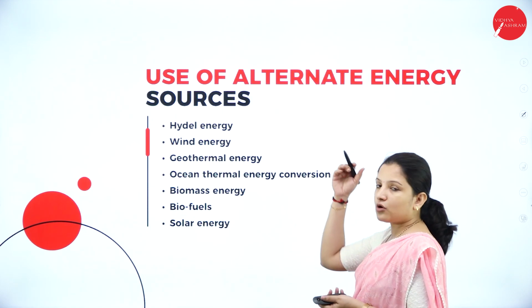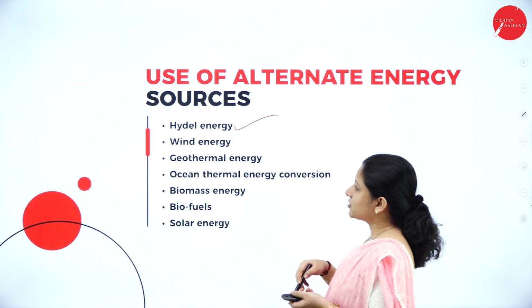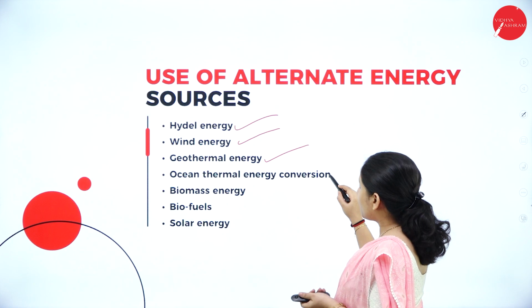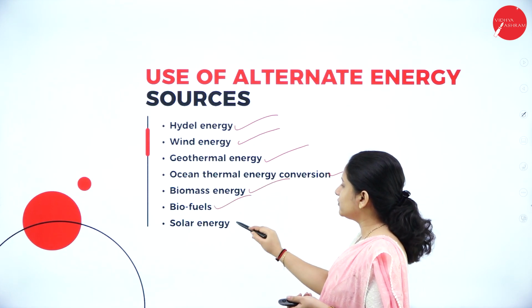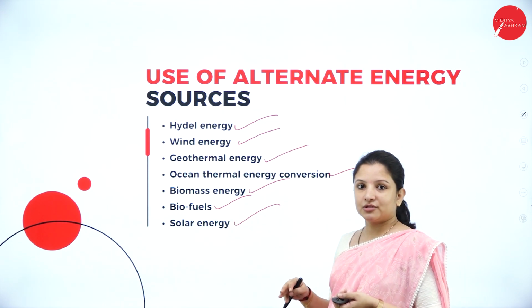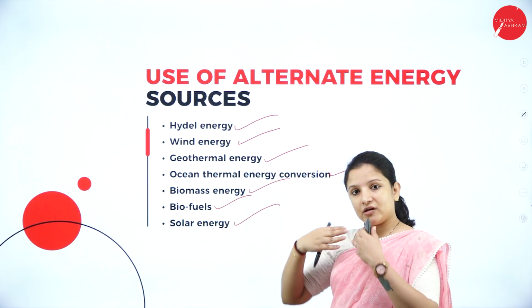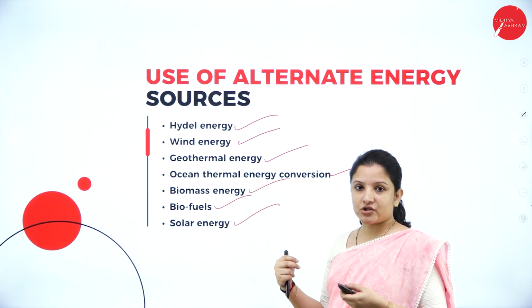There are some alternate energy resources that can be used, such as hydel energy, wind energy, geothermal energy, ocean thermal energy, then biomass energy, biofuel, solar energy. All these are renewable energy resources, right? Since these are renewable energy resources which will never get exhausted, why should we go to non-renewable energy resources?